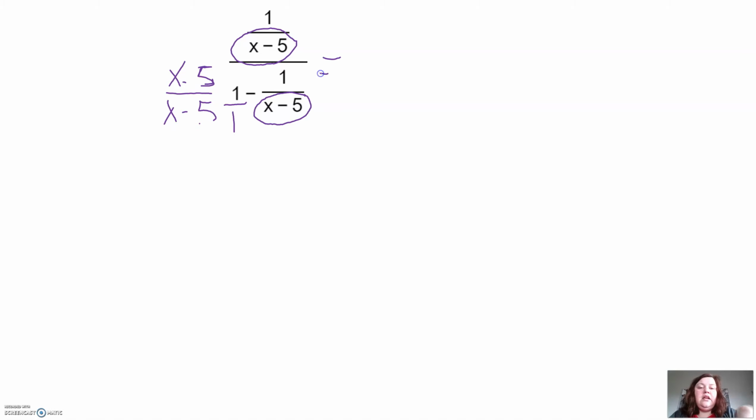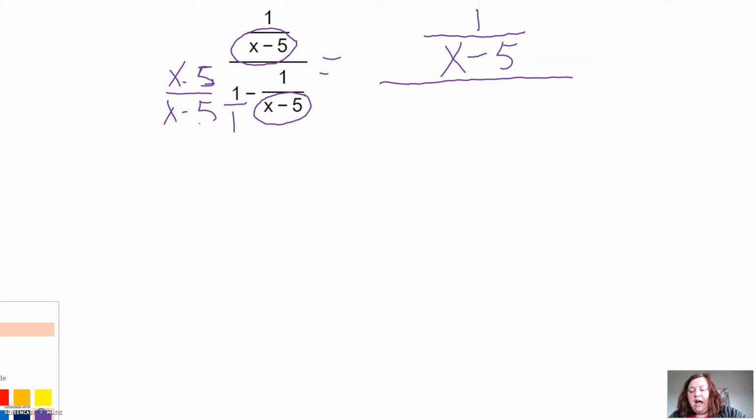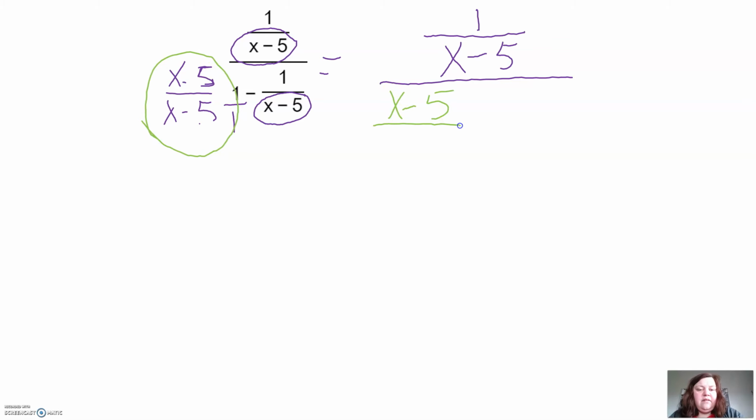So my numerator, I didn't do anything to it, so that's still 1 over x minus 5. In my denominator, I can rewrite this part here as x minus 5 over x minus 5. And I still have my minus 1 over x minus 5 here.